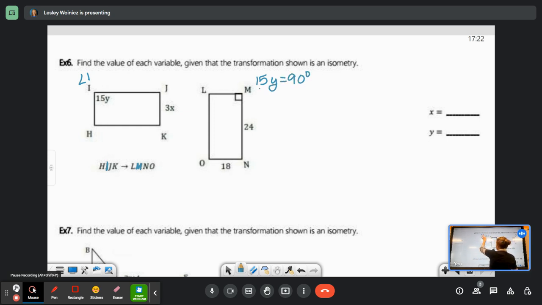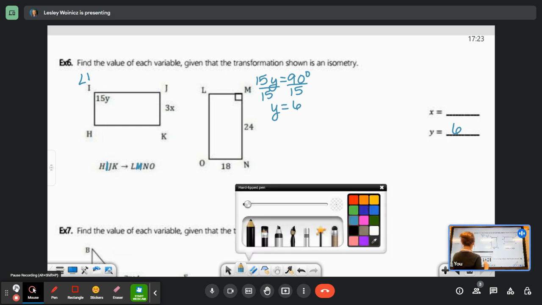So if I divide both sides by 15, oh, I think y is 6. I'm getting a calculator. Okay, it's 6. I didn't embarrass myself.